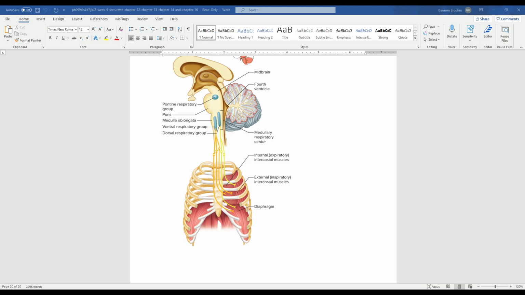Also, with carbon dioxide, blood pH will drop. So this activates other receptors, particularly in the aorta or in the carotid arteries, which are important because the carotid arteries supply the brain. Those will be activated, and you'll see an increase in respiration because we need blood pH to stay standard.